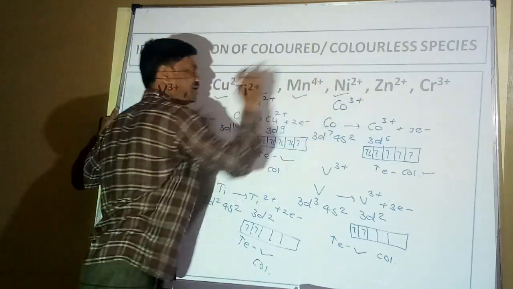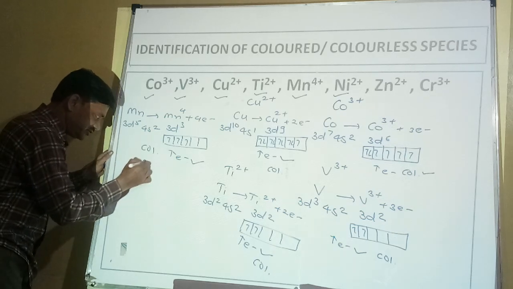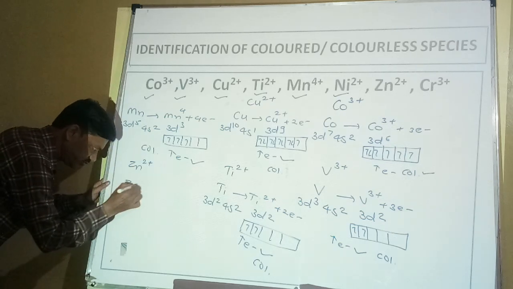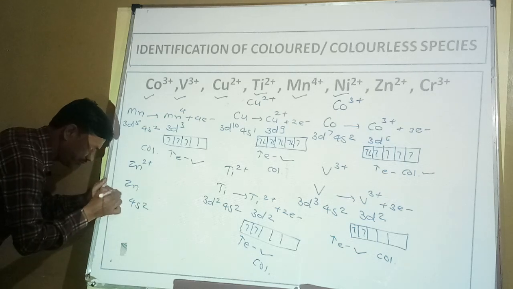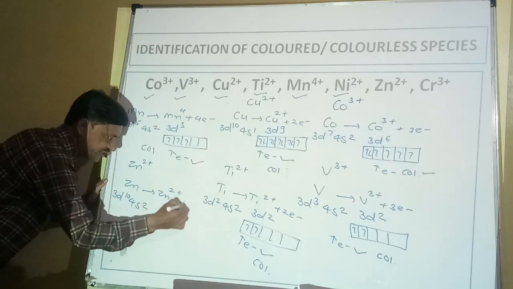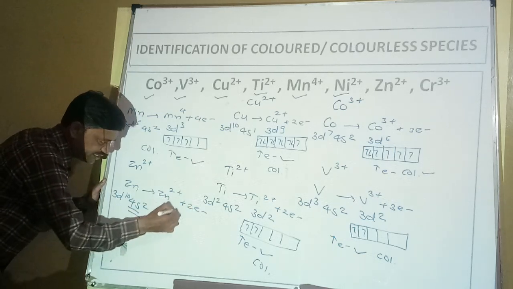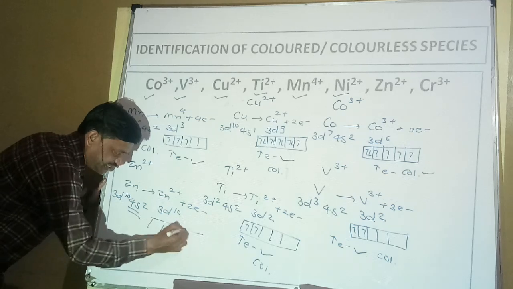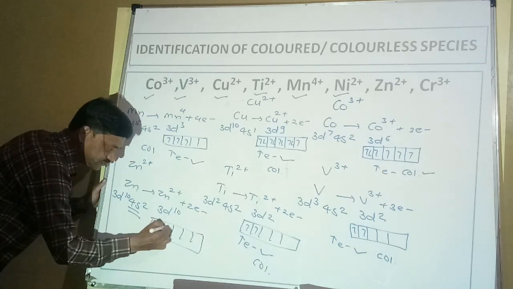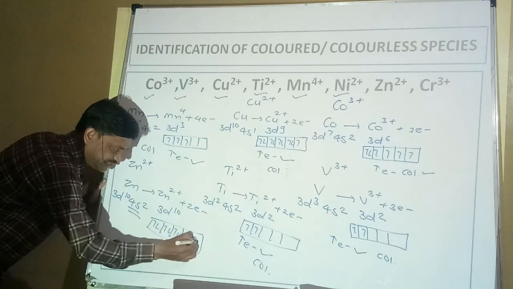Remember 4s2, 3d8. What about Zn plus 2? Tell me the configuration: Argon 18, 4s2, 3d10. In order to form Zn plus 2, there is loss of 2 electrons from 4s. So what remains? 3d10. How to arrange 3d10? 1, 2, 3, 4, 5, again 6, 7, 8, 9 and 10.